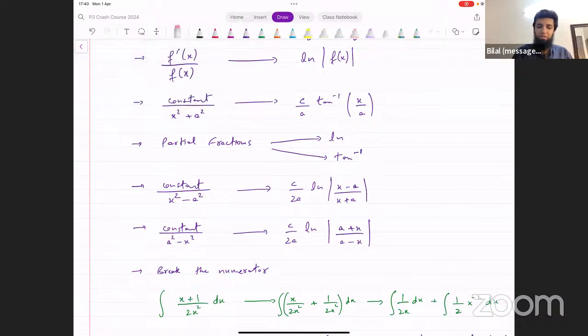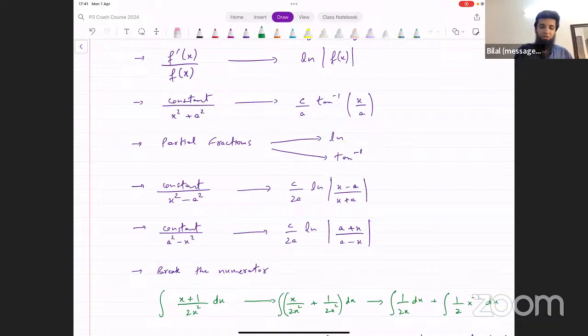We've talked about this. Partial fractions, when you have factors in the denominator, you can find partial fractions for that. And then once you have found partial fractions, the individual fractions that you get can either be integrated using ln or tan inverse form, one of those two forms generally.